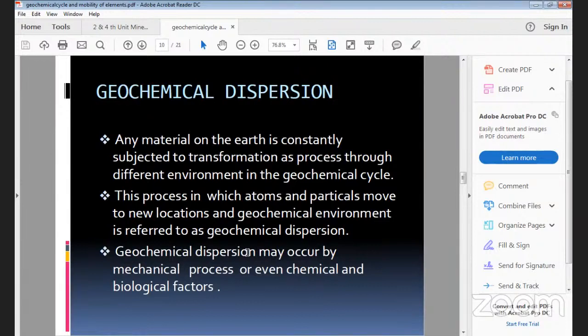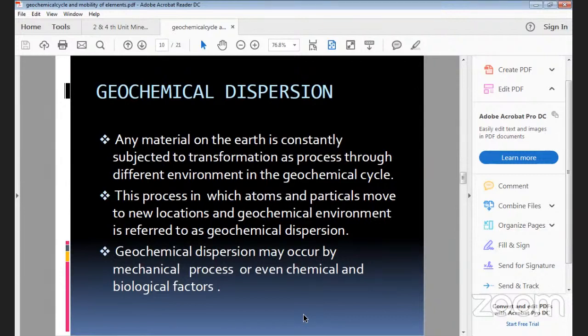Material on the earth is constantly subjected to transformation as it passes through the different environments in the geochemical cycle. This process, in which atoms and other particles are moved to new locations in the geochemical environment, is referred to as geochemical dispersion.